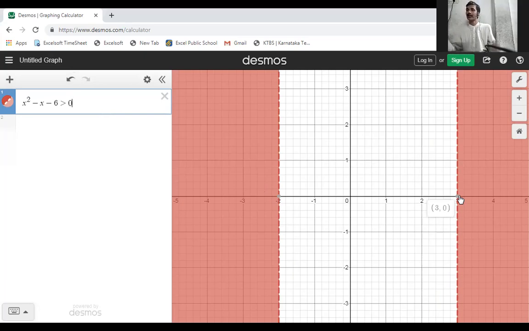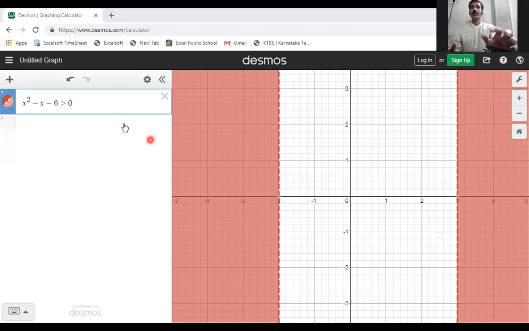That means it won't take values between -2 and 3. Here a dotted line is there. Why dotted line? Because x is less than -2. If it is x less than or equal to -2, then you will get a dark line here.